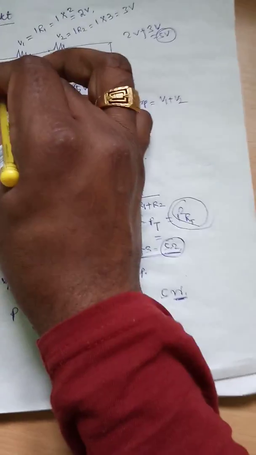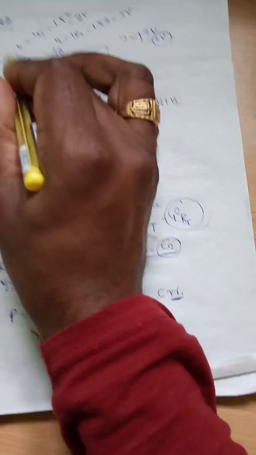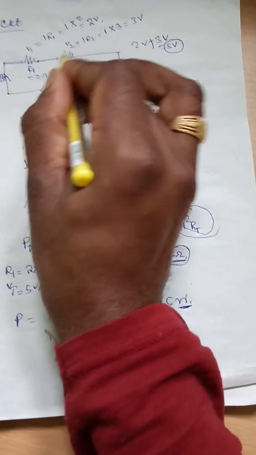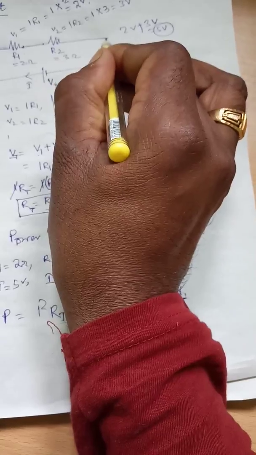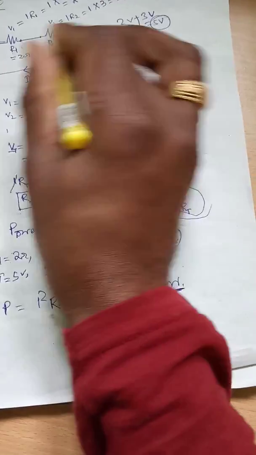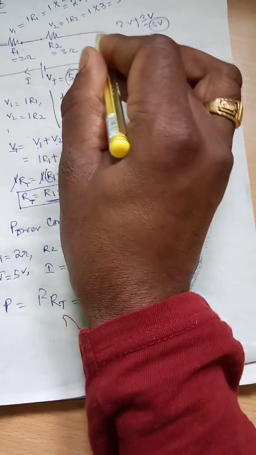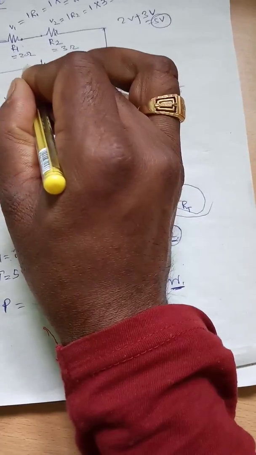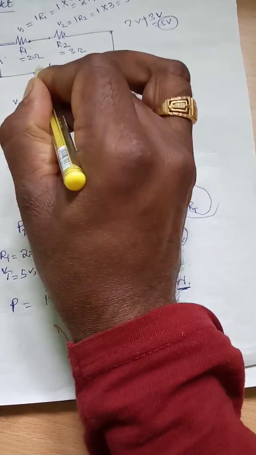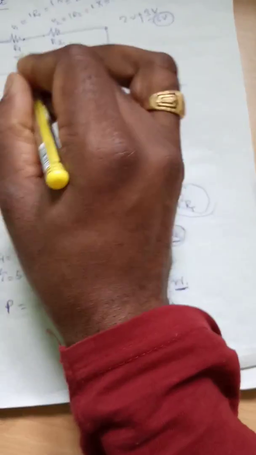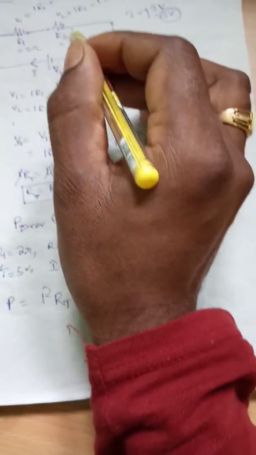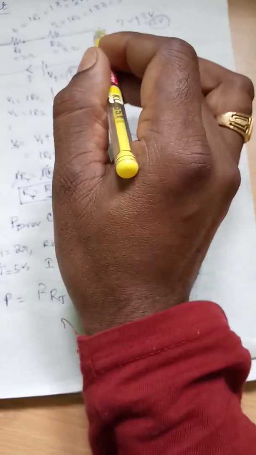It is a single path or single branch. It is a single loop, because the current is passing through one way in the single loop. There are no junctions. Single branch. Clear?